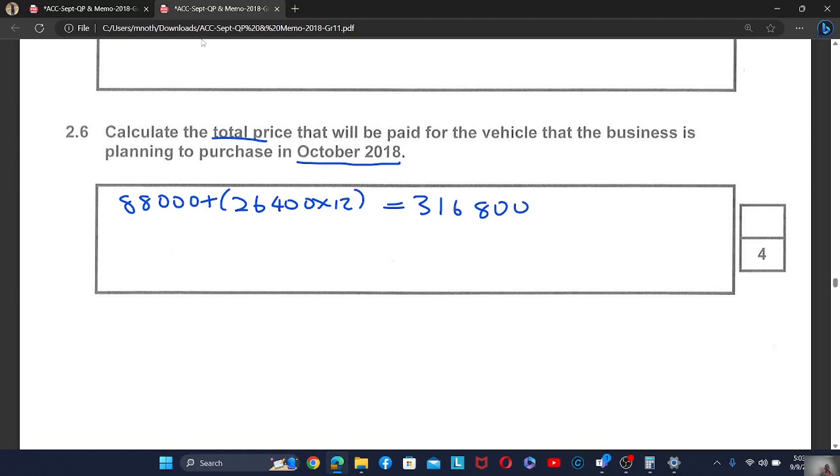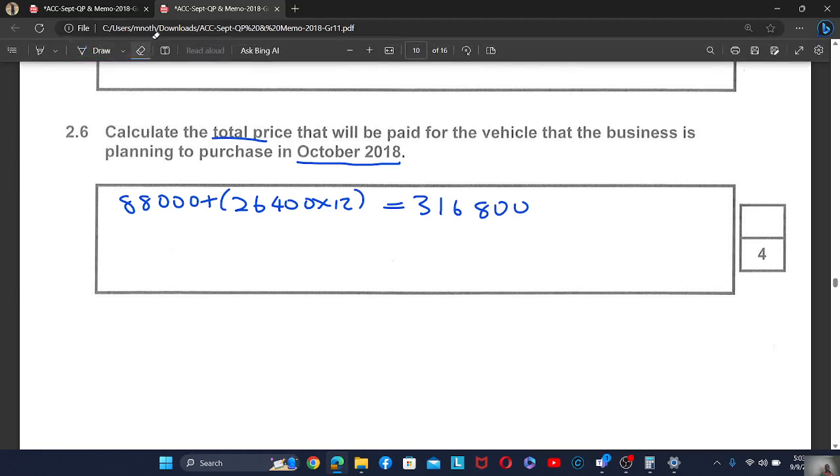You added it here? No, I never. I'm going to add it now. It's 404,800 if you add the 88,000. So this is the total price that you paid for this vehicle.